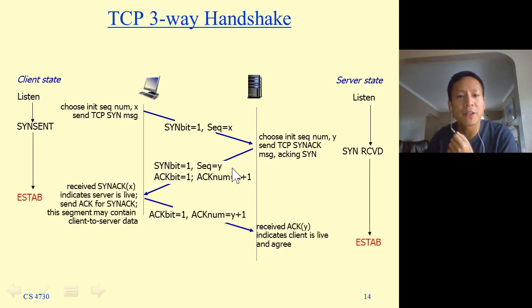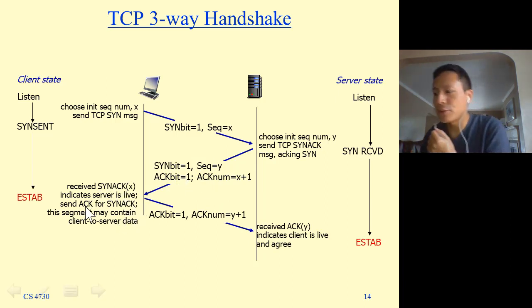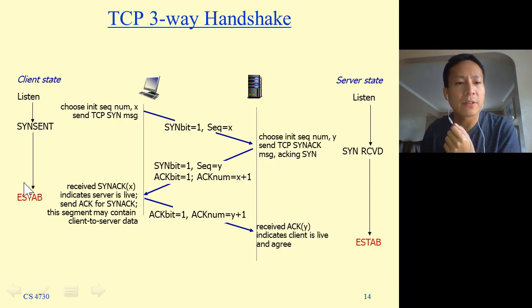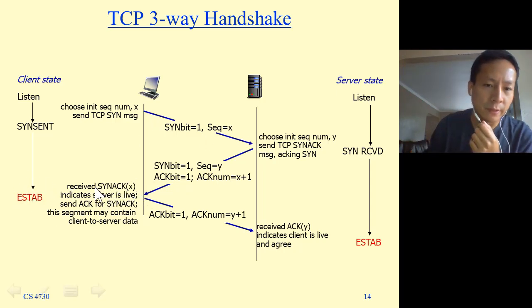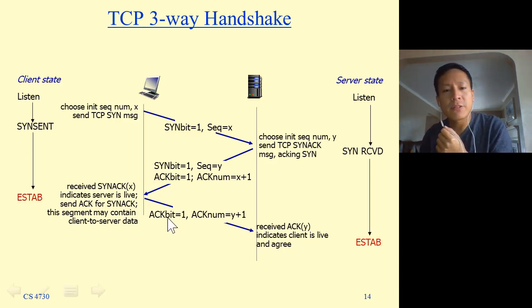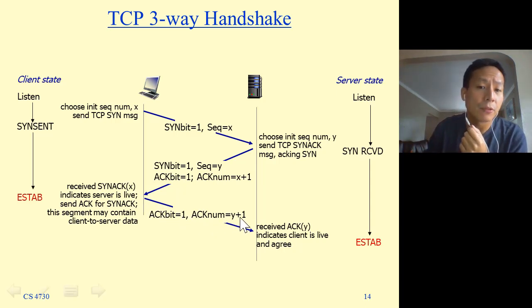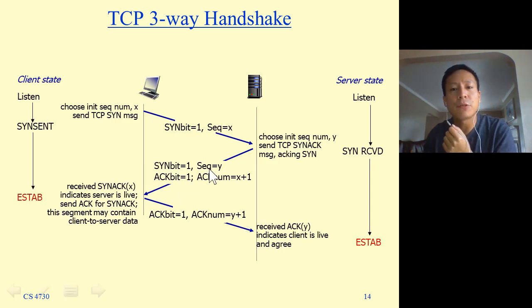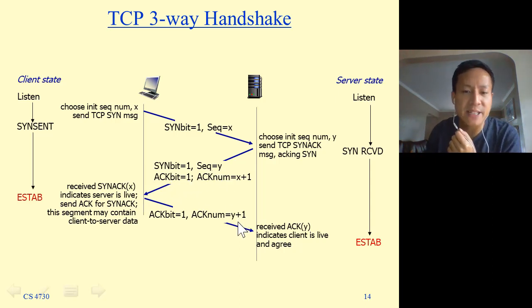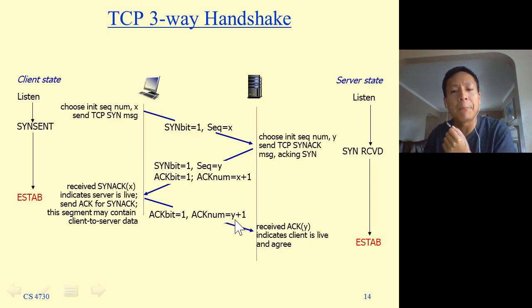After the client side receives this message from the server side, it will establish the TCP connection. The client side is established because it has already received the confirmation from the server side. So it will set the ACK bit to 1 without the SYN bit, and set the acknowledgement number equal to Y plus 1, which means I have already received the sequence number Y, and I'm expecting Y plus 1 next, right?